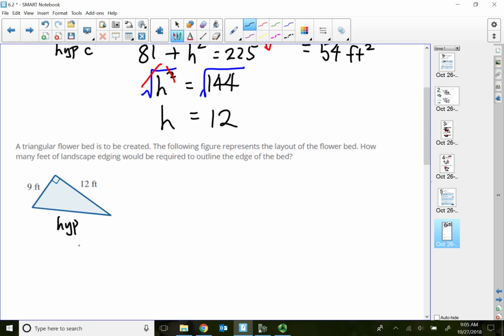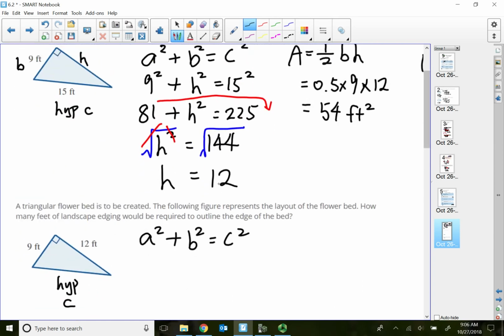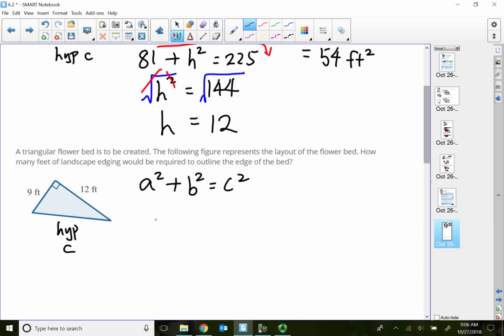which normally we call side C in the Pythagorean Theorem. So a squared plus b squared equals c squared, and you can kind of tell these are similar dimensions. 9, 12. Earlier h is 12, so this side has got to be 15. The missing hypotenuse is 15.